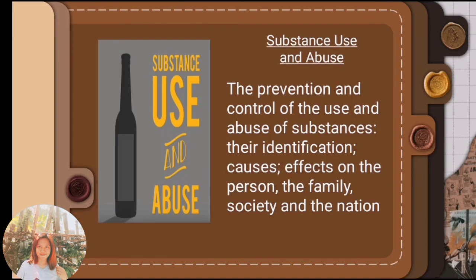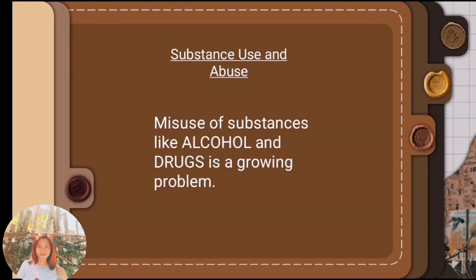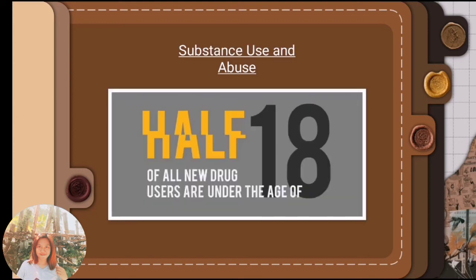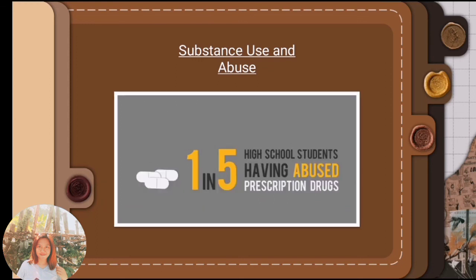Substance use and abuse, the prevention and control of the use and abuse of substances, their identification, causes and effect on the person, the family, society, and the nation. Misuse of substances like alcohol and drugs is a growing problem in the US, and teens and young adults are most at risk, with half of all new drug users being under the age of 18 and 1 in 5 high school students having abused prescription drugs.